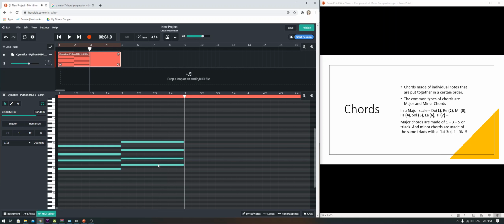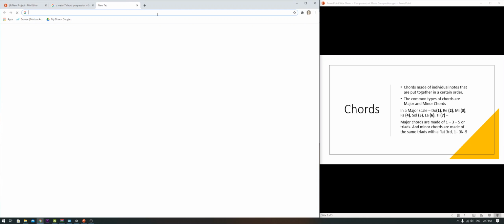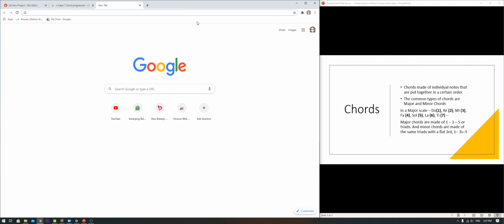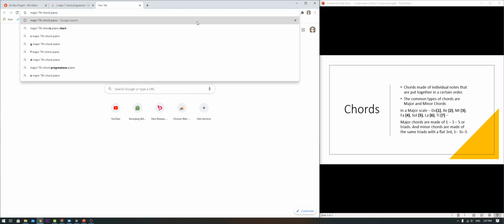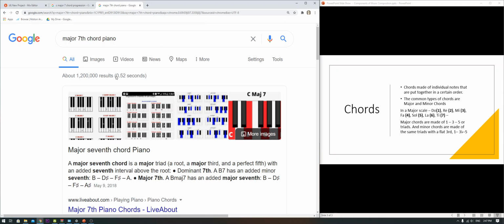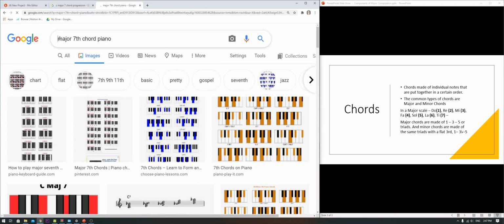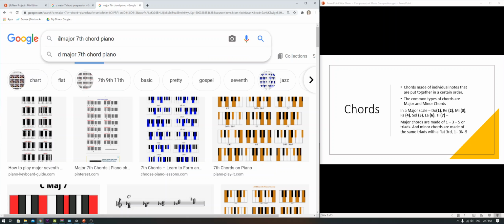That sounds kind of weird. We gotta pull out another cheat sheet. Major seventh chord piano, there you go. We need D minor seventh.